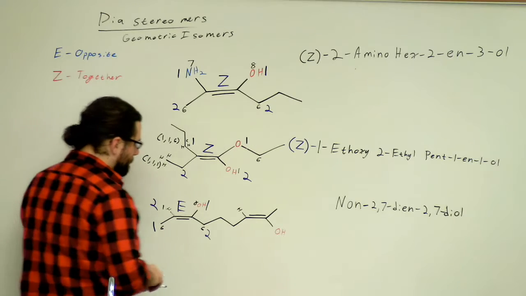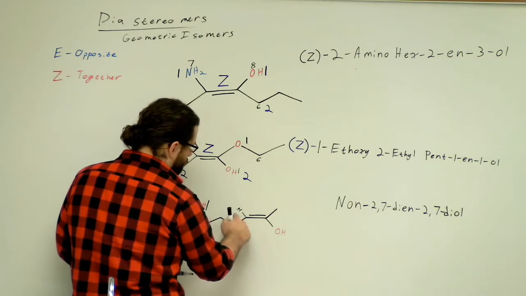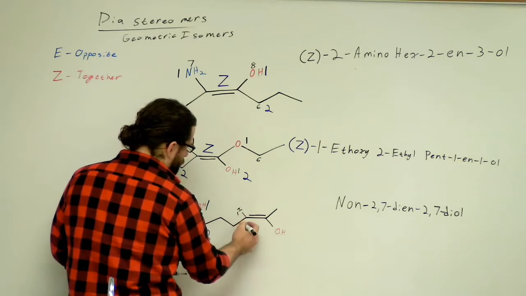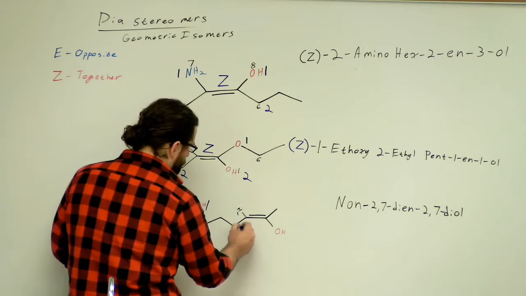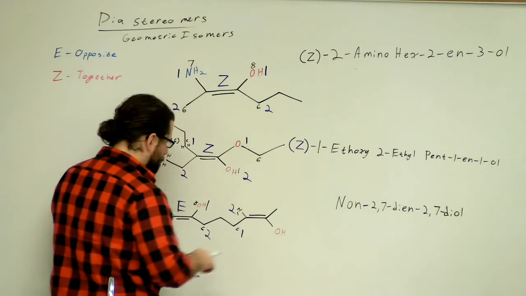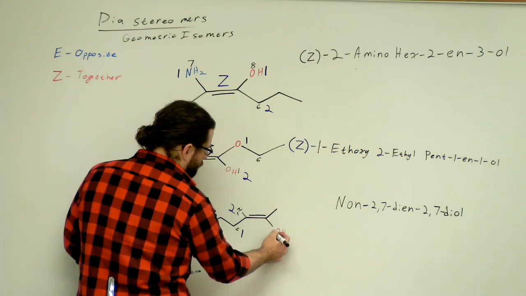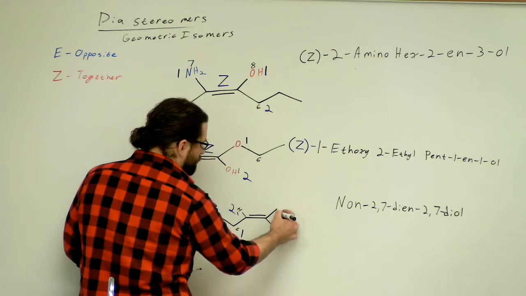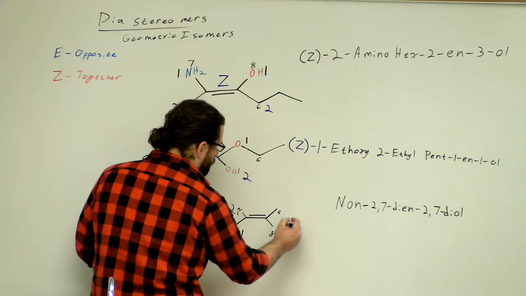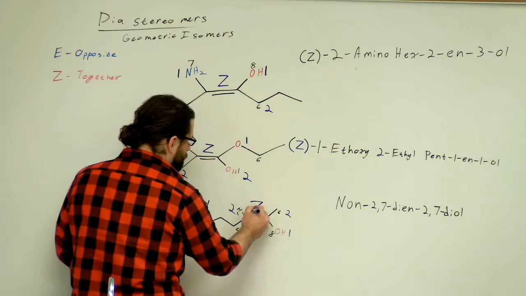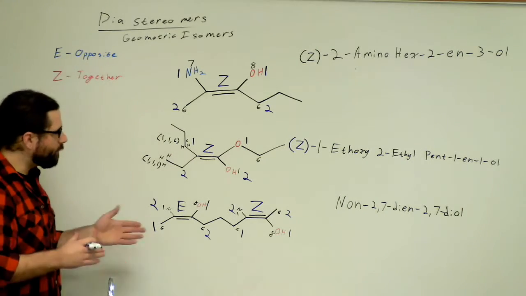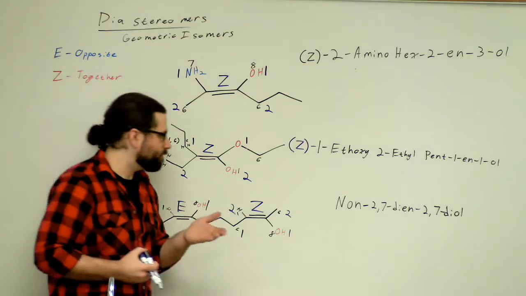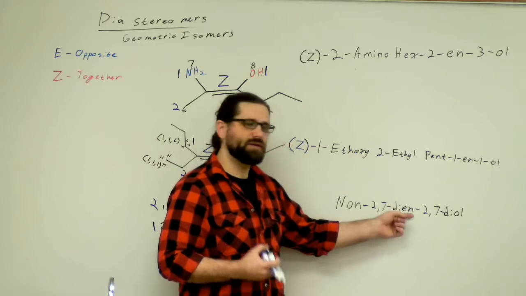Okay? Now here, same thing. Hydrogen is 1, carbon is 6. So my 1 is on the bottom, 2 is on top. And over here, oxygen is 8, carbon is 6. So I've got a 1 and a 2. So this one is zusammen. Okay, now that I've labeled that, I'm just going to do the same thing that I've done to label where my double bond is.